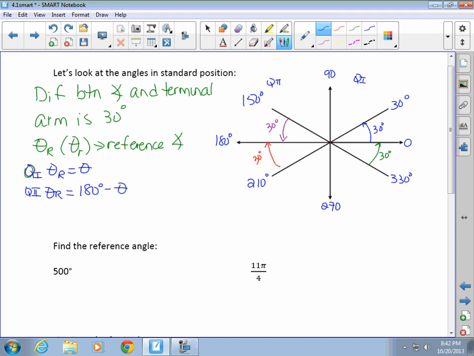In quadrant 3, my angle was 210, my reference angle was 30, so 210 minus 180 gave us my reference angle. So in quadrant 3, your reference angle is equal to the angle they give you minus 180 degrees.